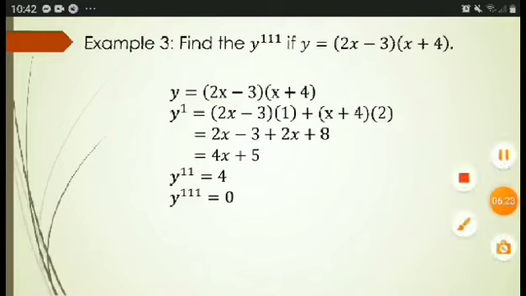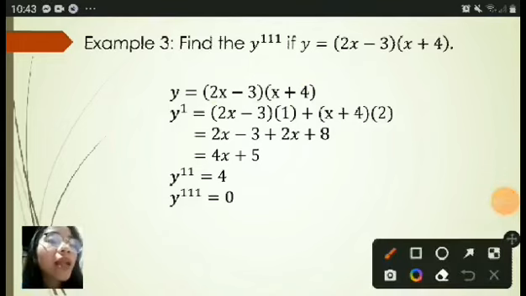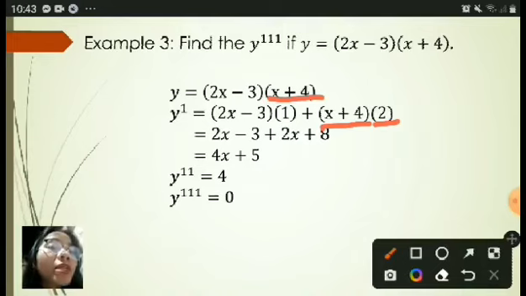Then, second, plus b, which is x plus 4, copy, times the derivative of 2x minus 3, which is 2. So, simplify. So, we will use distributive property. So, 2x times 1, 2x minus negative 3 times 1 is equal to negative 3, plus x times 2, 2x plus 4 times 2 is equals 8.